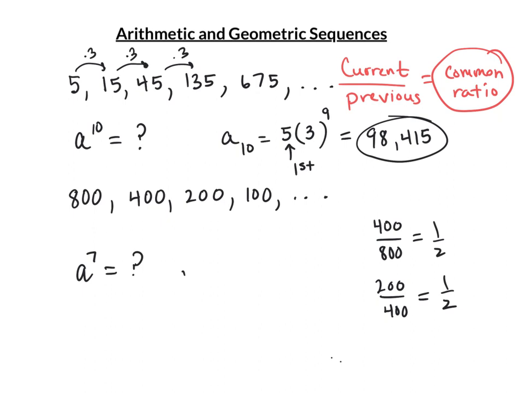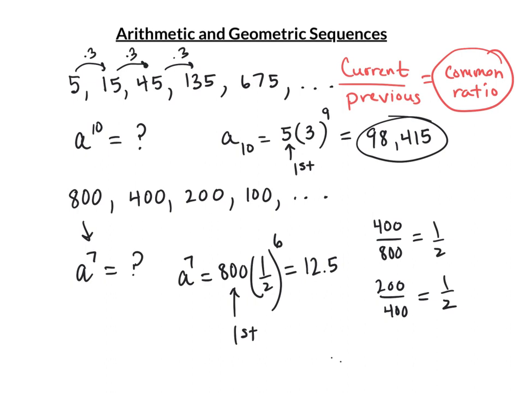To get the 7th term then, a sub 7, I start at 800, I multiply by a half over and over and over, and because I'm starting at the first term, I only have to move forward 6 places in the sequence. Multiply by a half 6 times. I put that in the calculator and I got 12.5. The 7th term in the sequence would be 12.5.